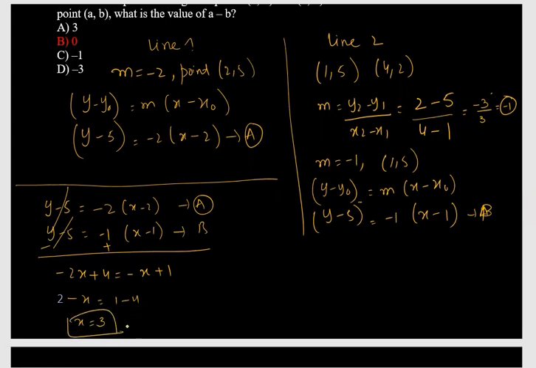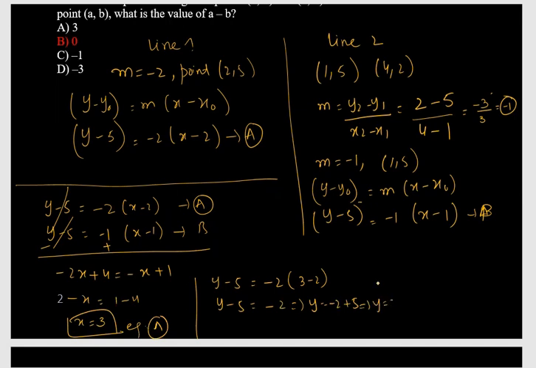Put it in equation A. Equation A says y minus 5 is equal to minus 2 times, what is the value of x? 3 minus 2. So y minus 5 is equal to minus 2 times 1. So y will be equal to minus 2 plus 5.